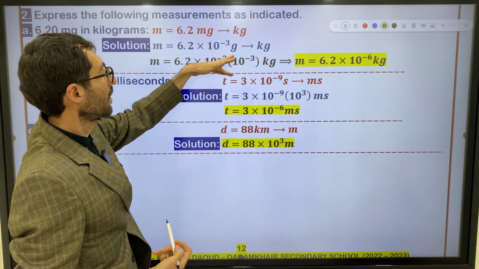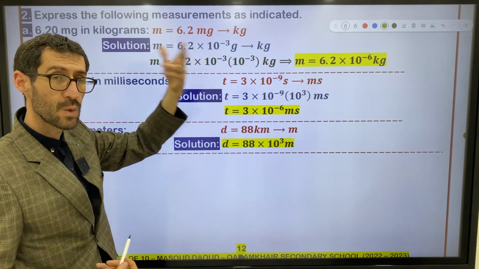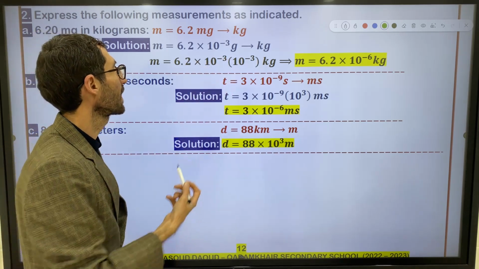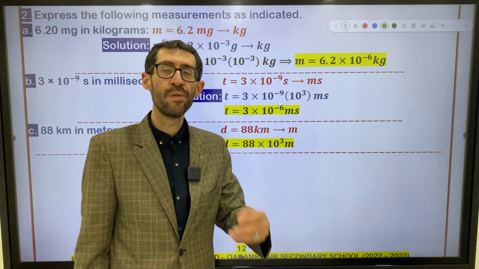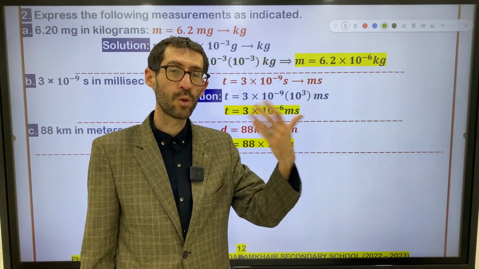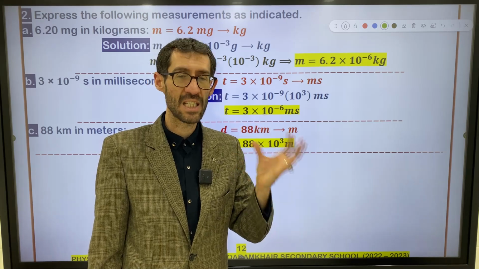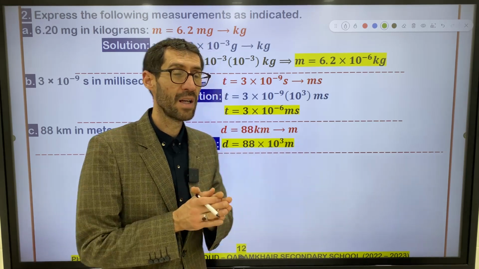The calculation has one more step. We want to convert gram to kilogram. You convert from small to large, that's why the exponent should be negative.